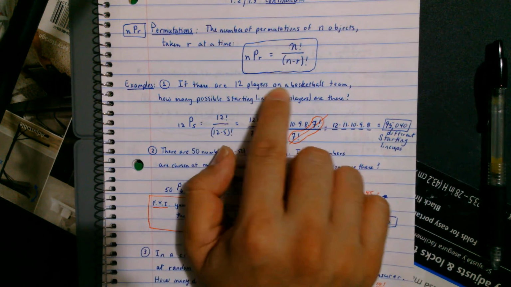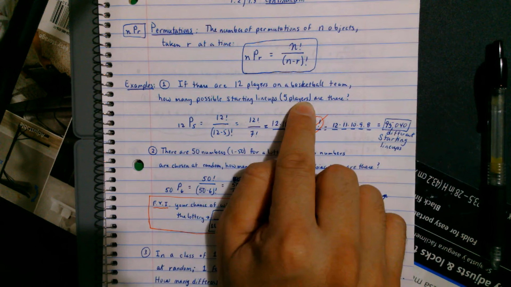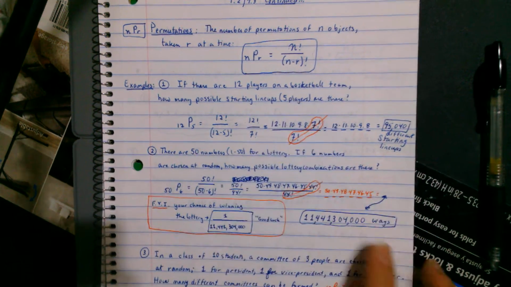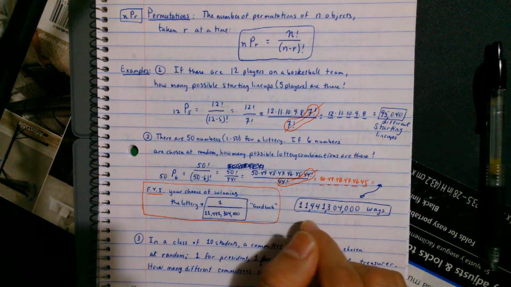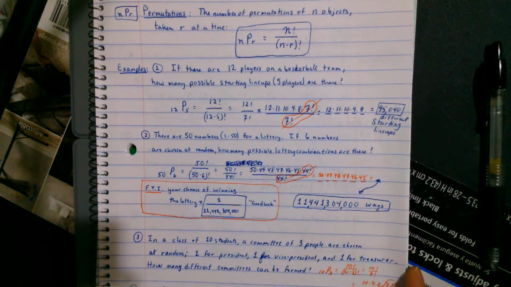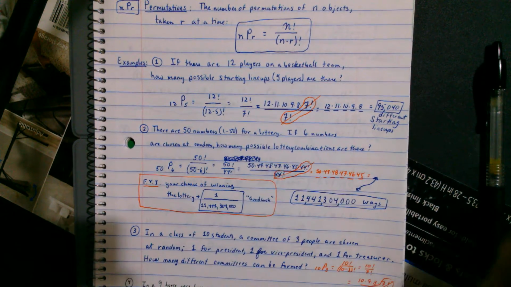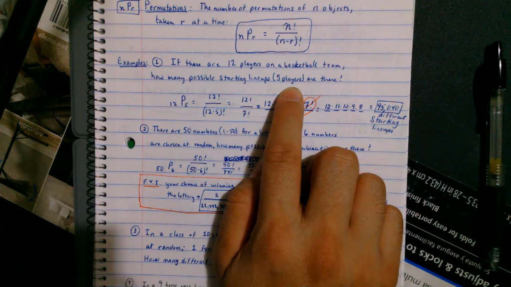So there are 12 players in a basketball team, but you only want to choose 5 at a time. So if there's 5 starting lineups, 5 people that you could start. Essentially here, you want to do 5 players at a time.